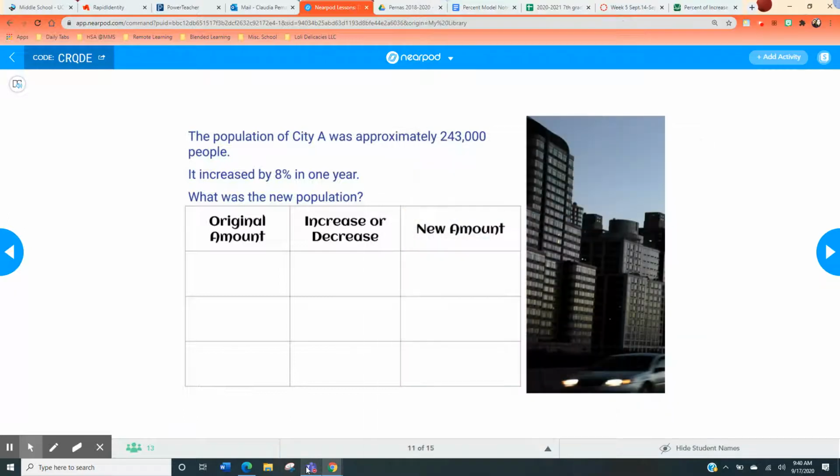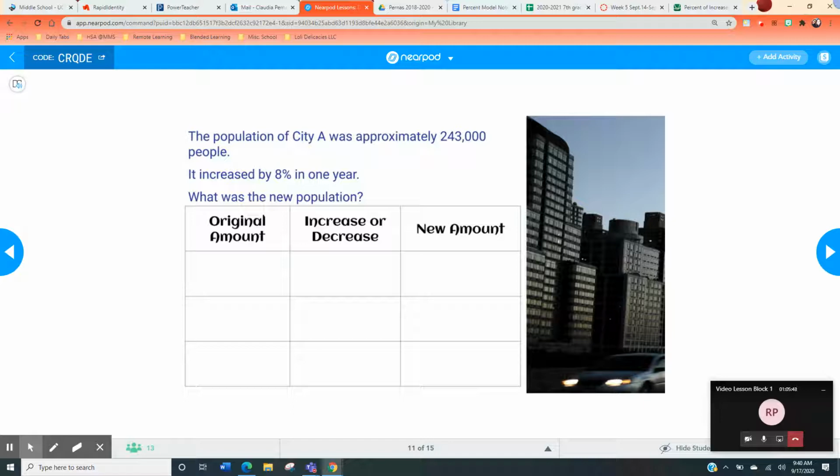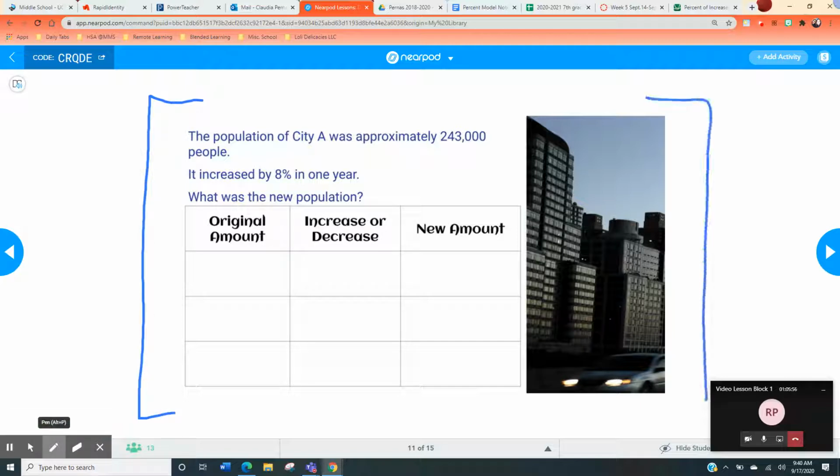Make sure that when you write this in your notebook, you're writing even the words, the whole thing. Asegúrense que vayan a escribir todo en su libreta, el ejemplo completo.